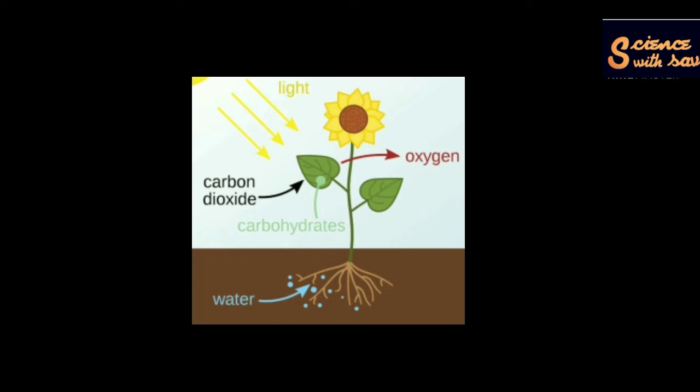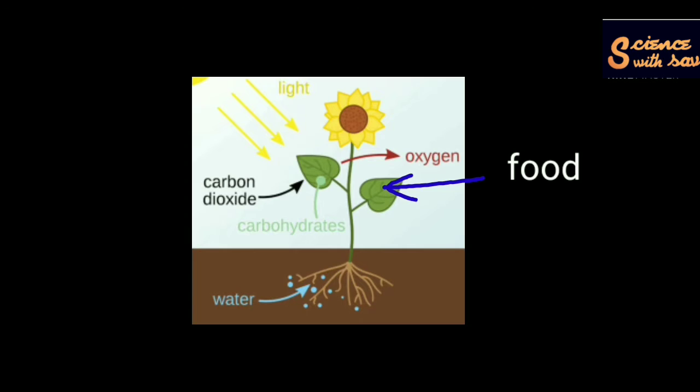So whatever raw material is needed by the plant has to be obtained by the roots from the soil. And after the process of photosynthesis, the food or the glucose which is formed in the leaf has to be carried to all other parts of the plant where it can be used up and also stored.